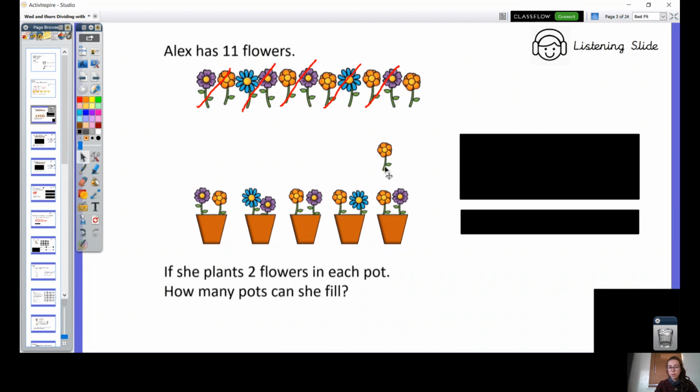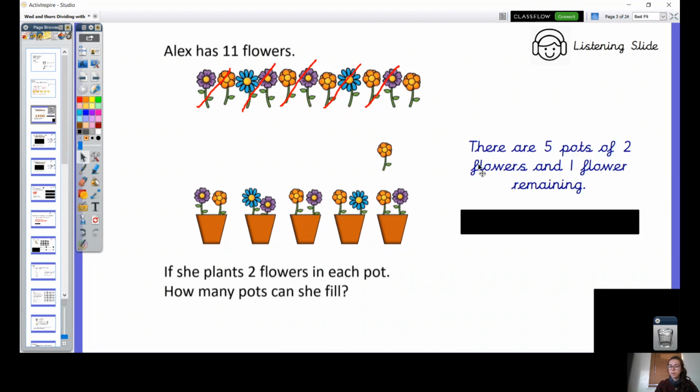However, there was 1 more. I didn't have enough to make another pot, so I had 1 left over. So I could say there are 5 pots of 2 flowers and 1 flower remaining.